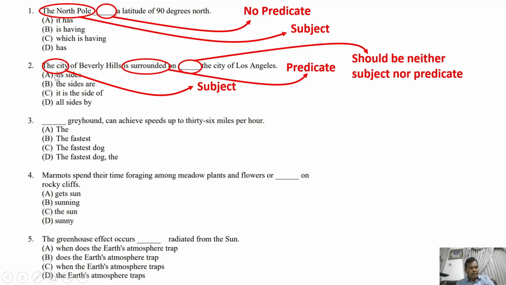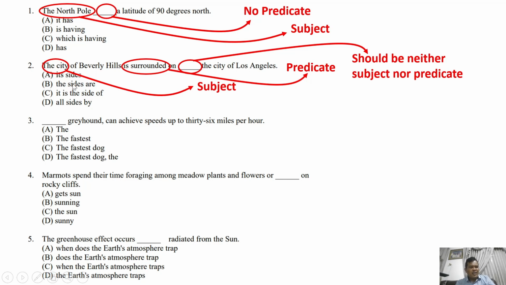So we have to choose among these 4 options which of them doesn't contain a predicate. You see that we have are in option B, so it is incorrect because we don't need a predicate. And then is in option C, so we eliminate these 2 options.